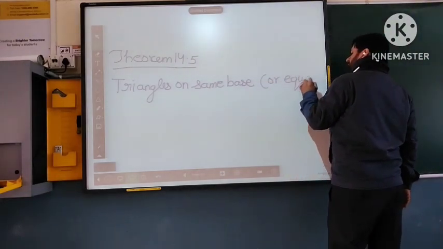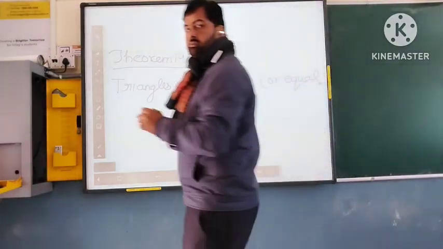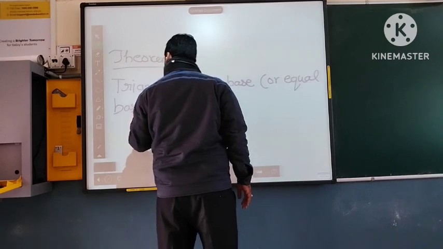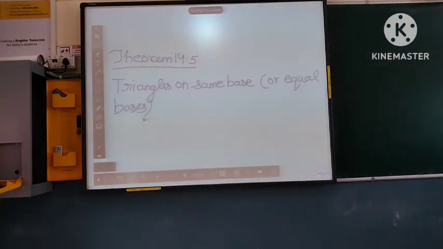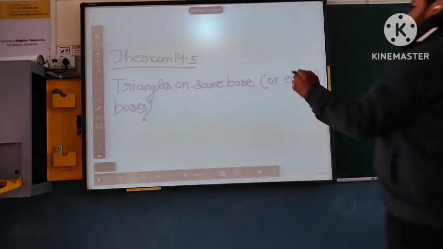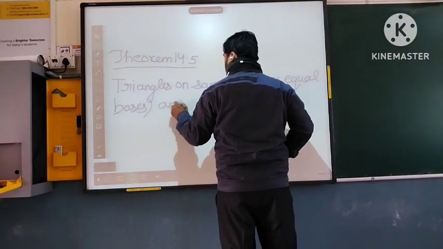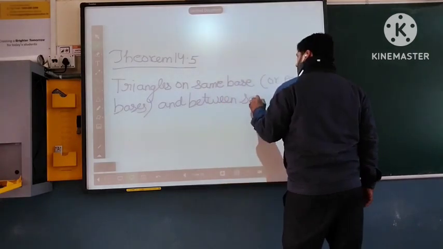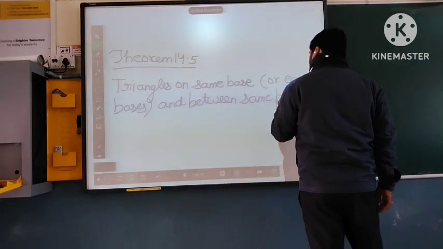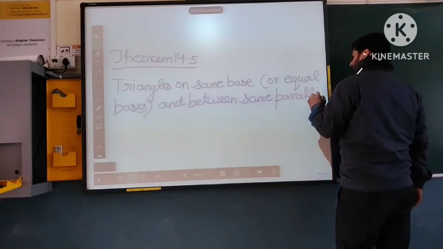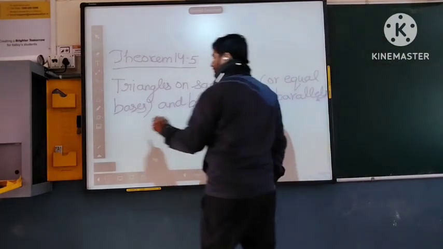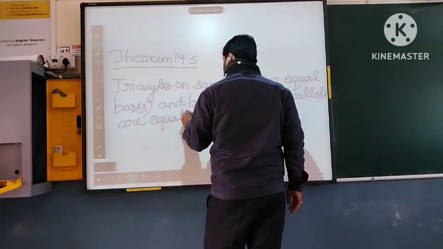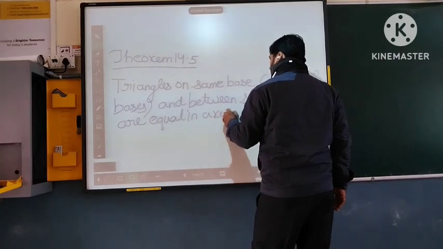So triangles on same base or equal bases and between same parallels are equal in area.